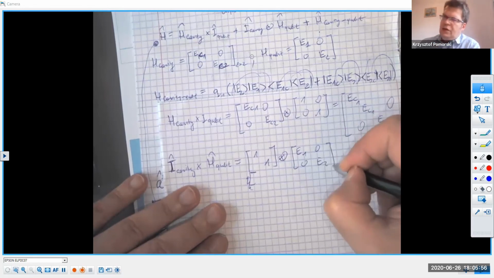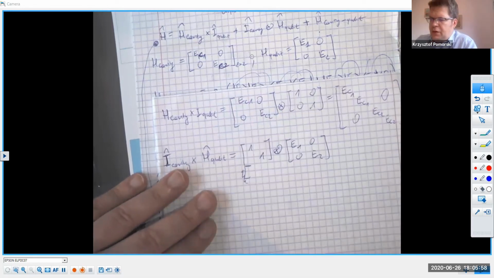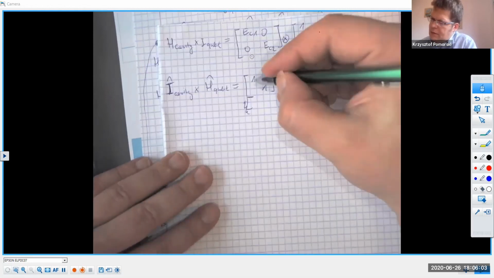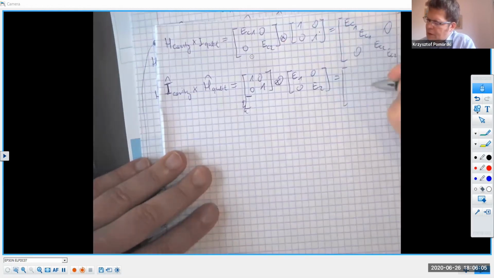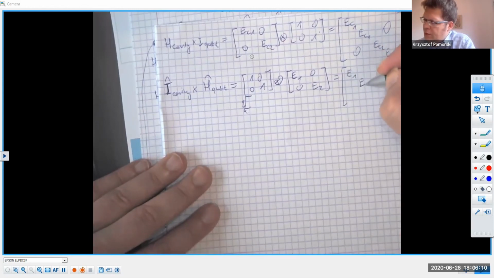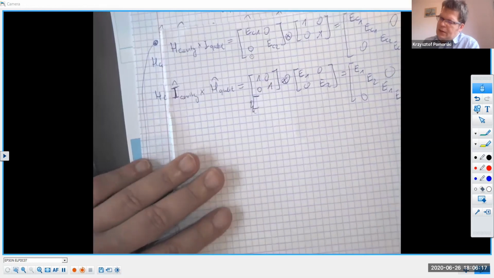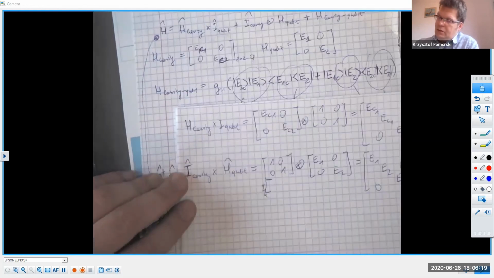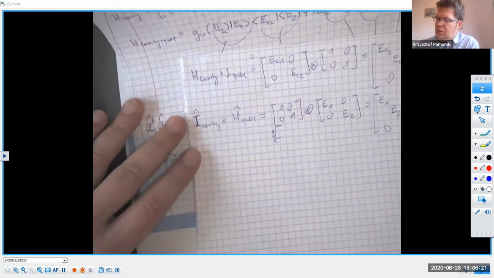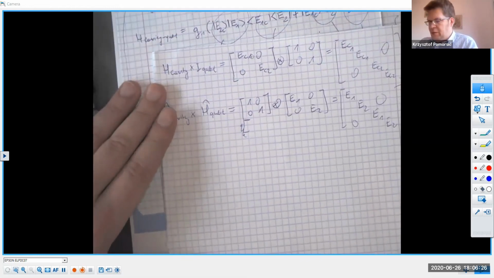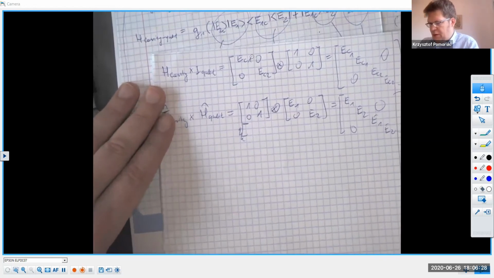We will see later that the Rabi oscillations are naturally built into the system. So this is basically E1, E2, E1, E2. All right. And then there is this interaction between matter and radiation, and there's also entanglement that takes part in this.